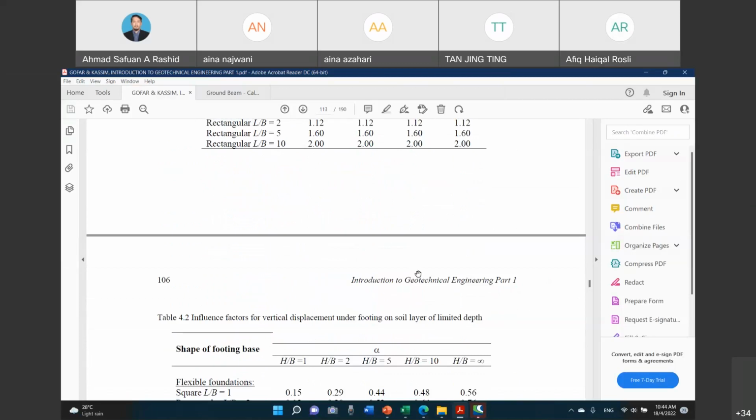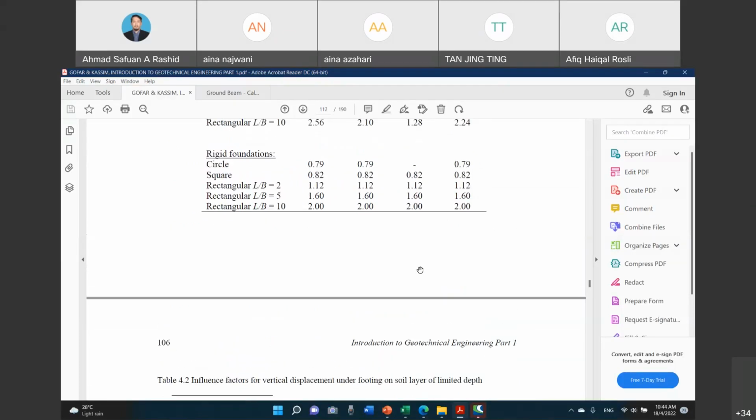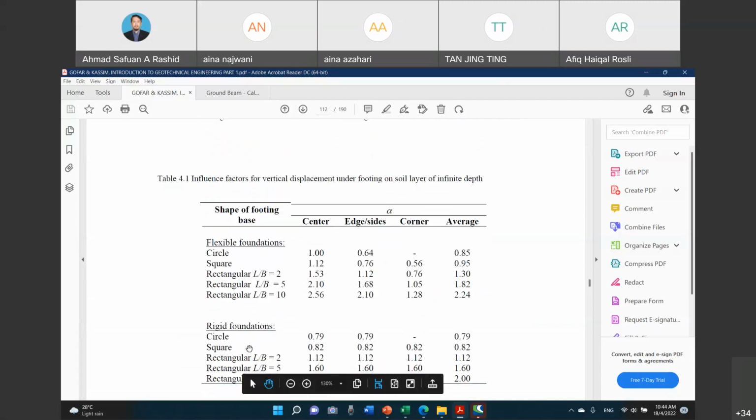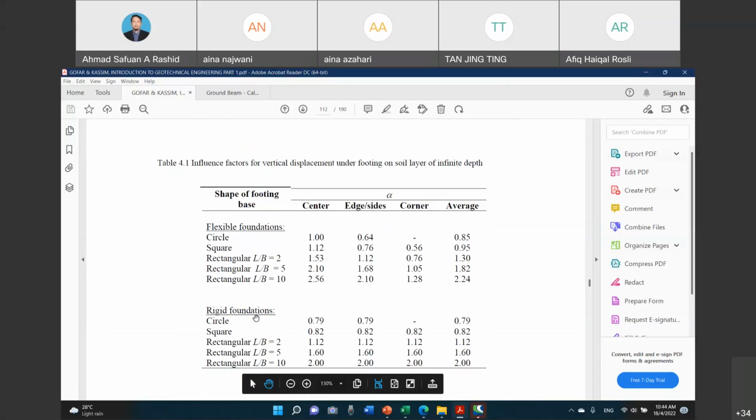In our case, as mentioned in the slide, it is infinite depth. For infinite depth, the additional information we know is that it is a rigid foundation. We have several types of foundation here: circle, square, rectangular.